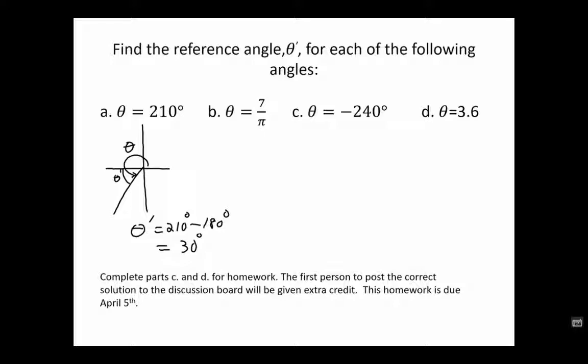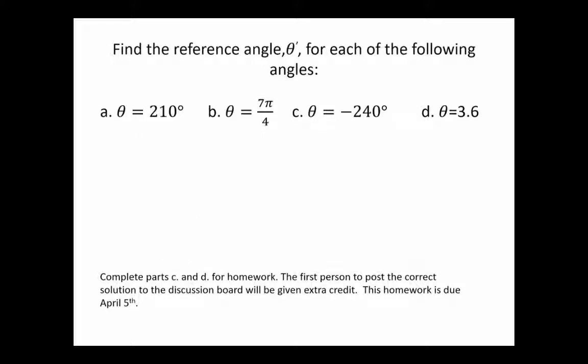In part B, let's find a reference angle for 7 pi over 4. The angle theta is given to be 7 pi over 4.